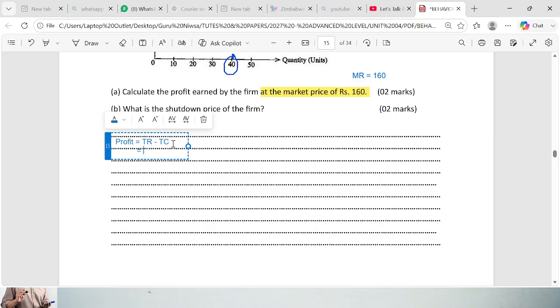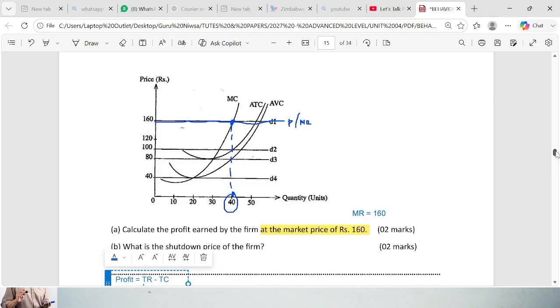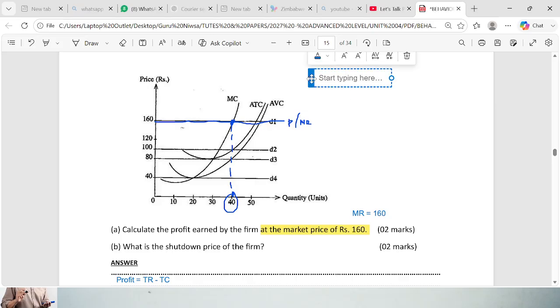TR is price into quantity. Profit equals TR minus TC.